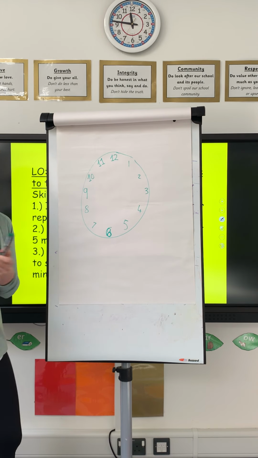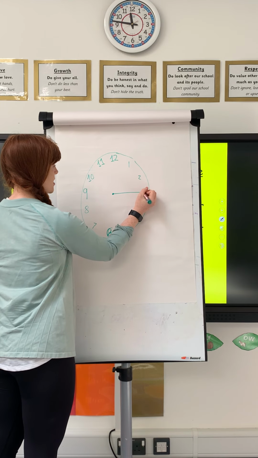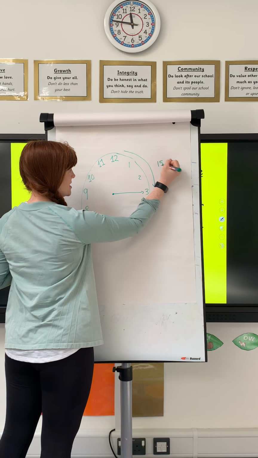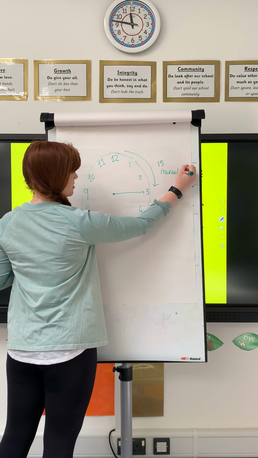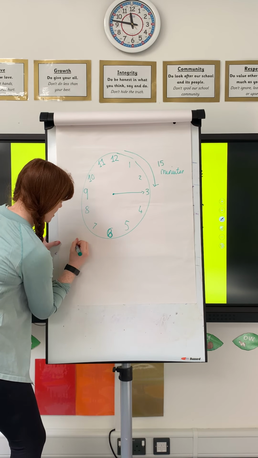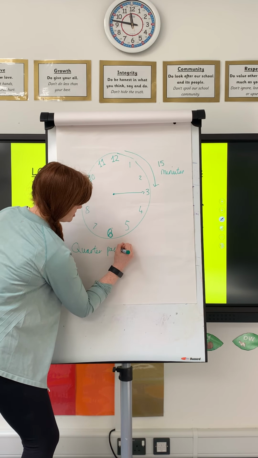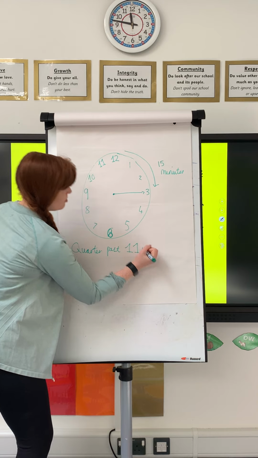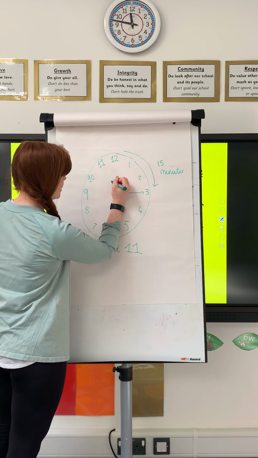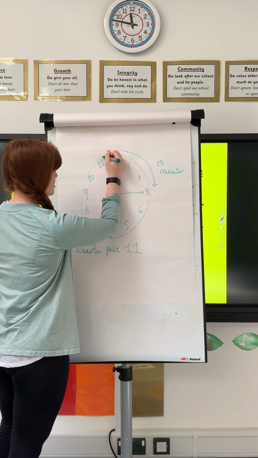So when I'm doing a quarter past time, I know my big hand has to go to the 3 because it's a quarter of the way around the clock, which is 15 minutes. So my big hand would point to 3, and say if I was doing quarter past 11, my big hand would be at my 3, and my little hand would be a quarter of the way past the 11.